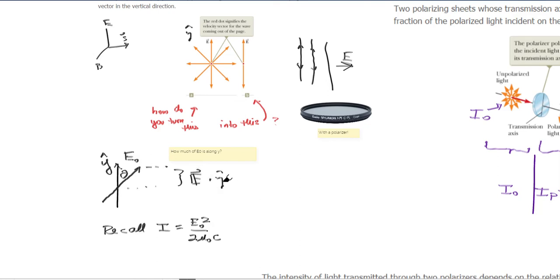And I remember, since the magnitude of y hat is just 1, this gives me E, the magnitude of E, times the cosine of the angle between the polarizing filters and the direction of polarization of our electric field.